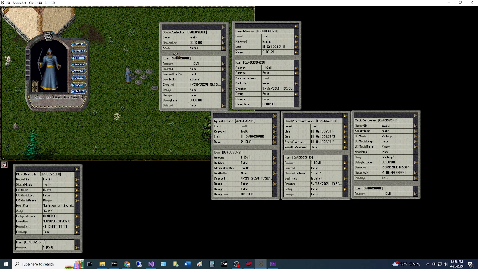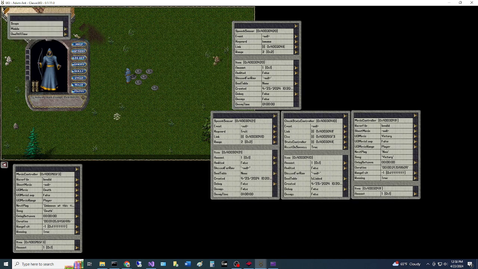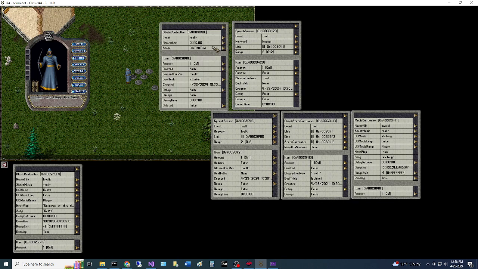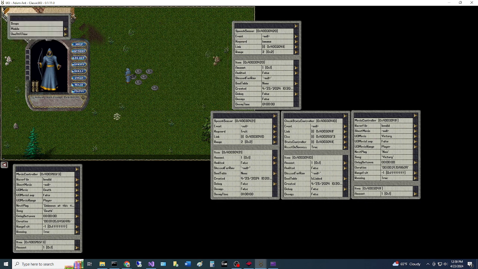But you may have a scenario where you only want one player to play the quest at a time. First come, first served. So in that case, you would just set this to one at a time, and this blocks other players from entering the quest while somebody else is playing it. Okay, so that's scope.